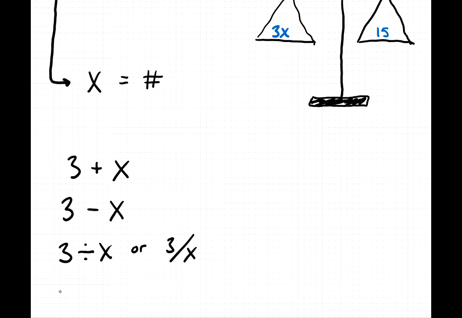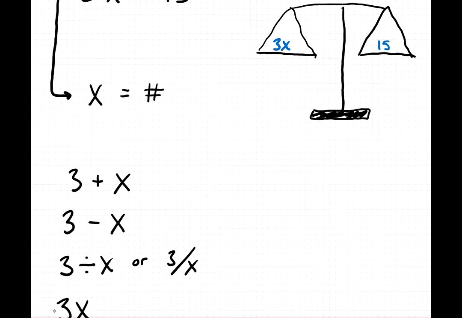But for multiplication, we would just say 3x. And what that means is 3 times x. The reason we do this is because we use x for a variable, but also x is the symbol for multiplication. So we don't want to use the same letter in two different ways. Okay, so when you see a number next to a variable, that means multiplication.